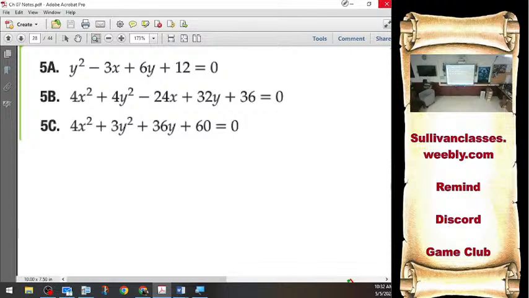Plus 4 Y squared. Y. 16. It's not 9, 16. 36.